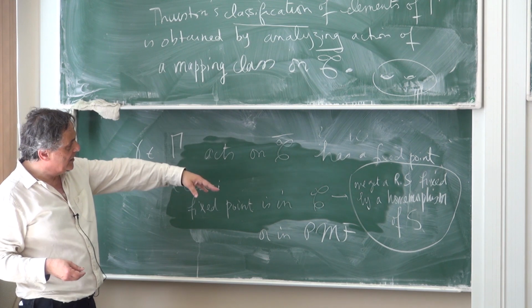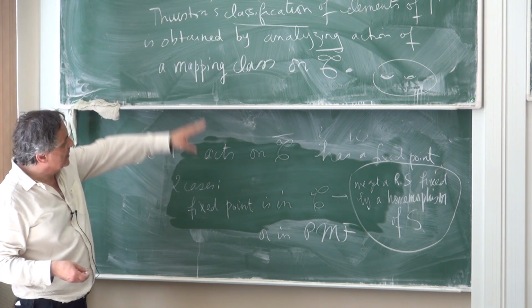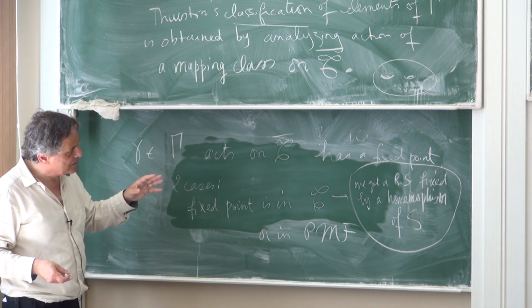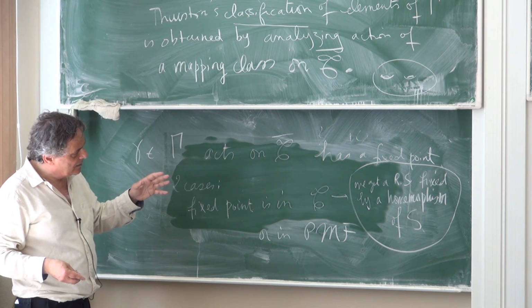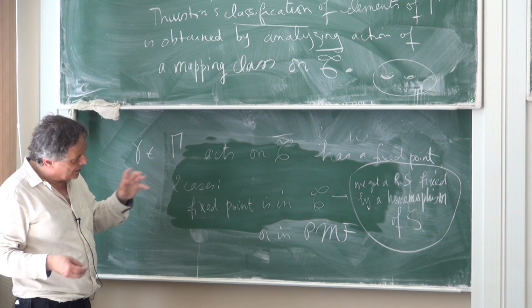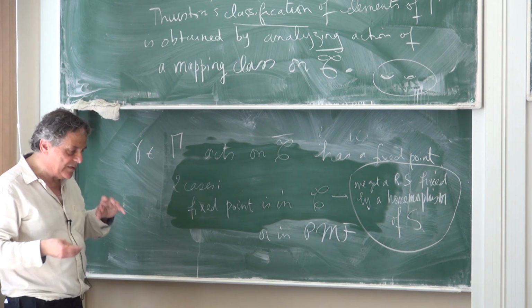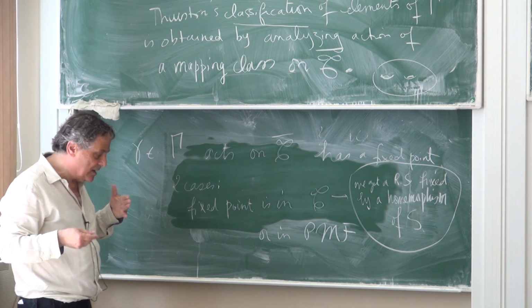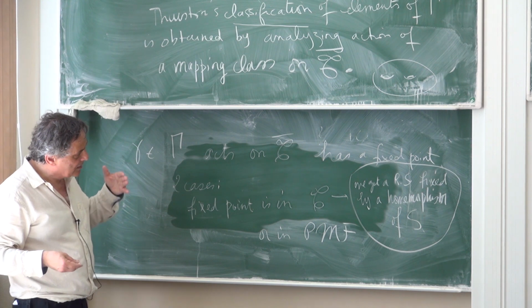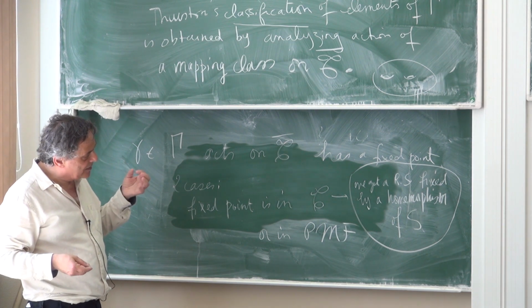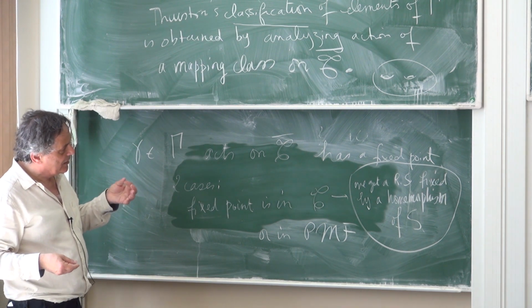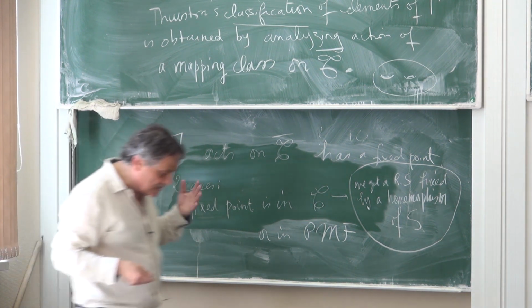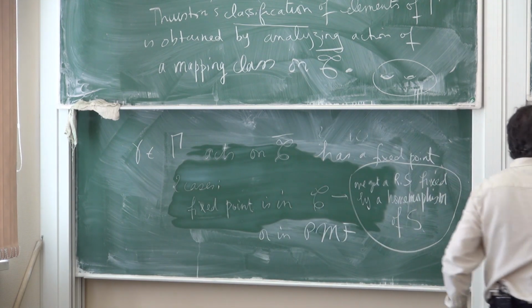More generally, if you have an element of the mapping class group, that is a homeomorphism up to homotopy, which fixes a Riemann surface structure up to homotopy, then in fact your mapping class has a representative which fixes this Riemann surface structure and which is periodic.